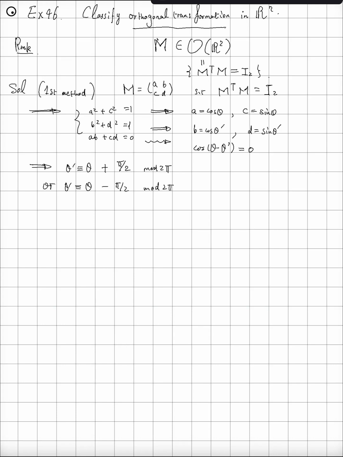And so in the first case, this can be written as cosine theta, minus sine theta; sine theta, cosine theta.